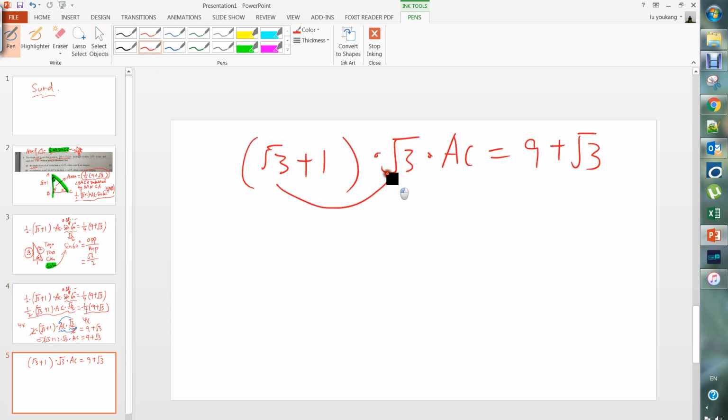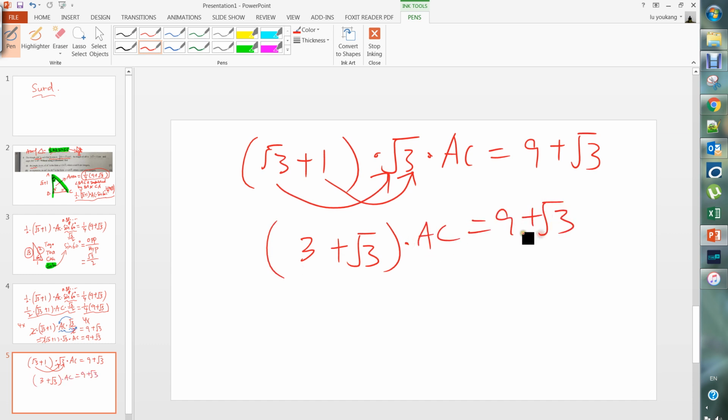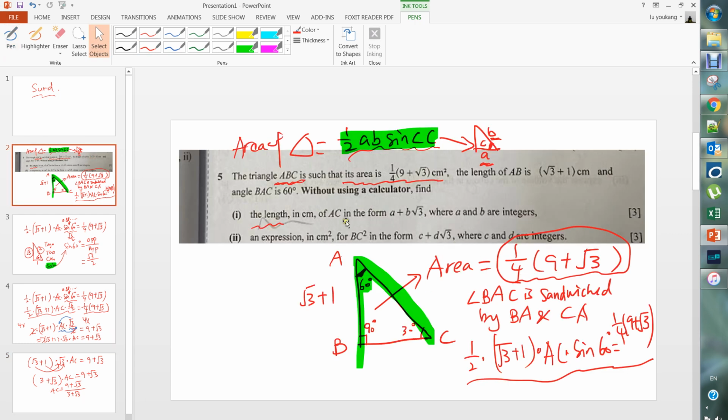So what I need to do here is open the brackets. Square root 3 times 3, I get 3, and then I get square root 3, and then I get my AC equals to 9 plus square root 3, and clearly my AC is actually equal to 9 plus square root 3 divided by this. So when you get this, let me look at the question first. The question says you need to express it in this form: a plus b square root 3.